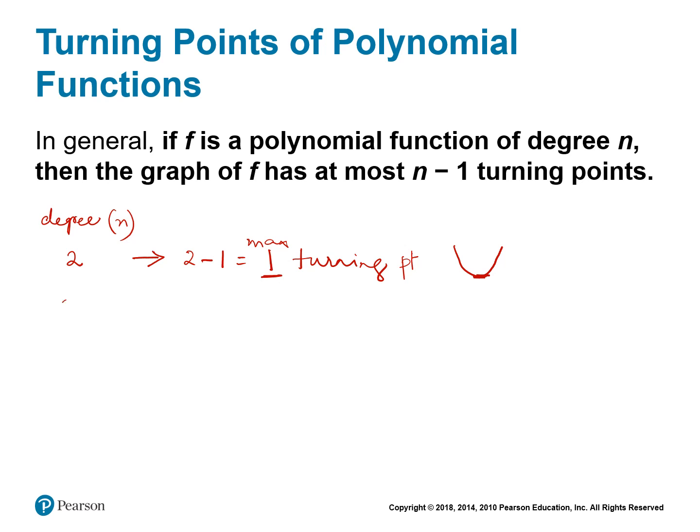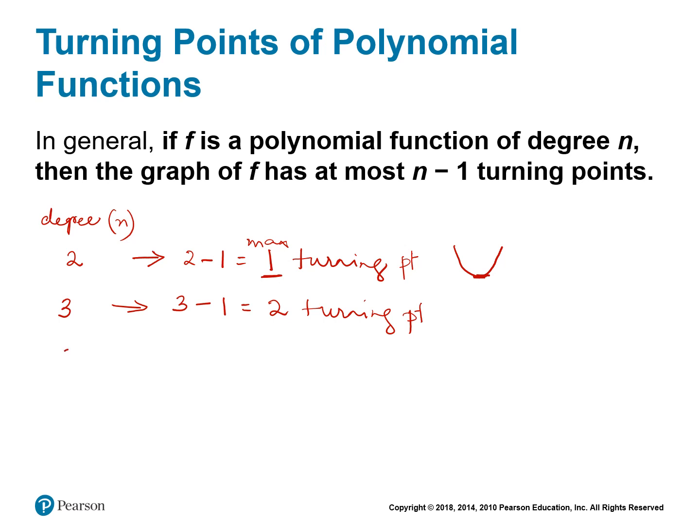If the degree is 3, then the maximum number of turning points the graph will have is 3 minus 1, which is 2 turning points. Now it can have fewer than 2 turning points. It can have just 1 turning point as well, but that's the maximum.